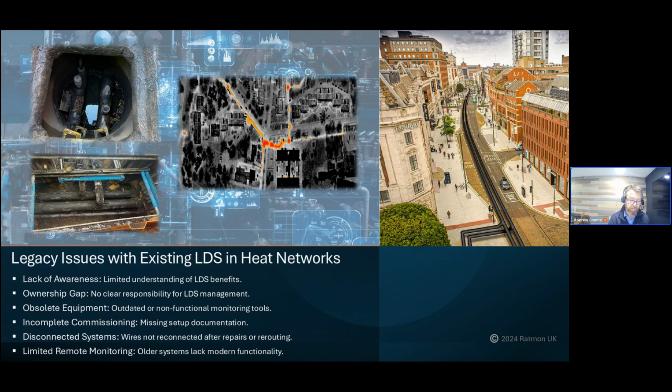Additionally, leak detection wiring often gets disconnected during repairs, rerouting, or redundancy modifications to the network, leaving critical sections of the system unmonitored. Finally, older leak detection systems generally lack modern remote monitoring capabilities, making them unsuitable for today's data-driven real-time monitoring needs.